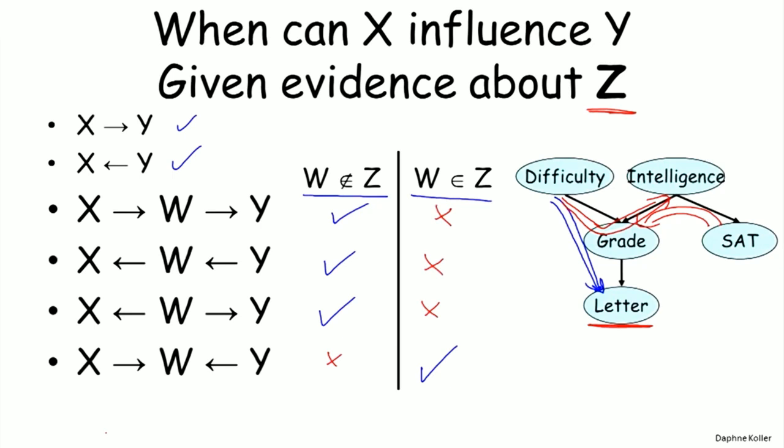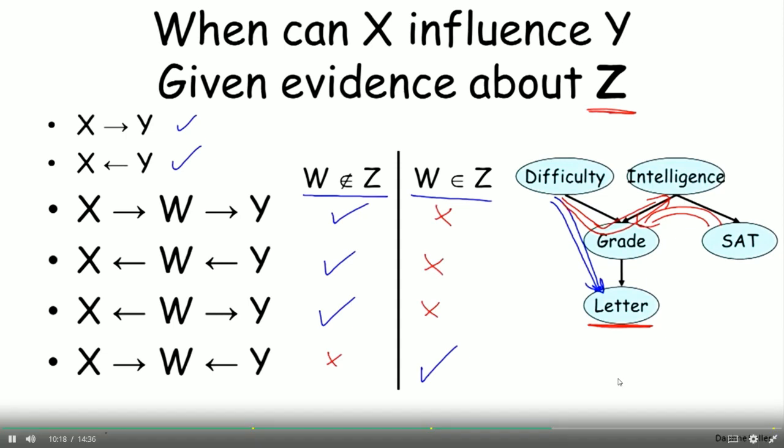That is, it gives me evidence that needs to be explained. I can explain it via difficulty or via intelligence, and so at that point, it establishes the connection, the correlation between them, so that observing one does influence the other. And so this one is not actually quite right.